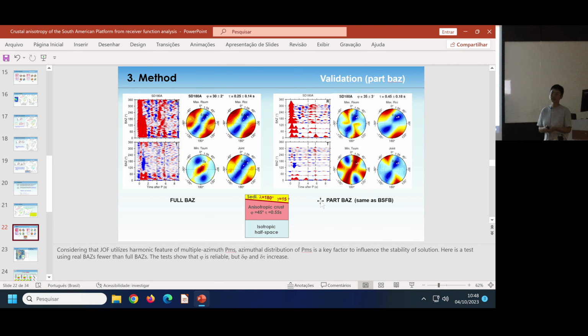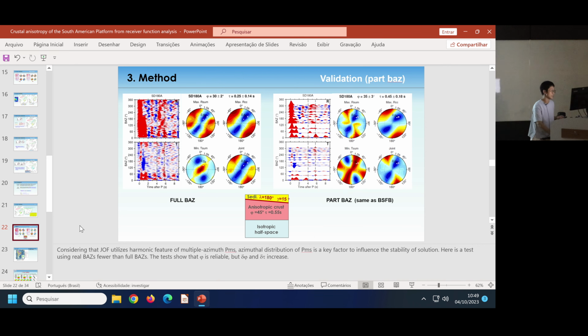There are few studies working on stable regions or platforms, so they normally ignore the existence of crustal anisotropy. They think it's not significant. But here, I think for some of the stations, especially in this Parnaíba Basin, it's not ignorable.